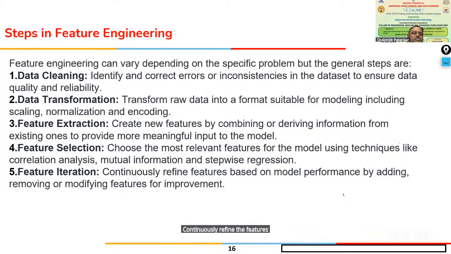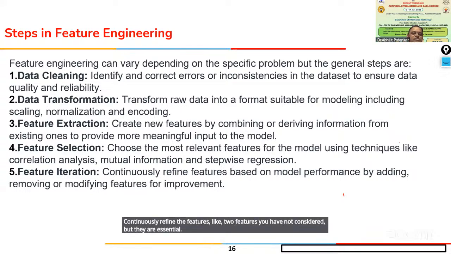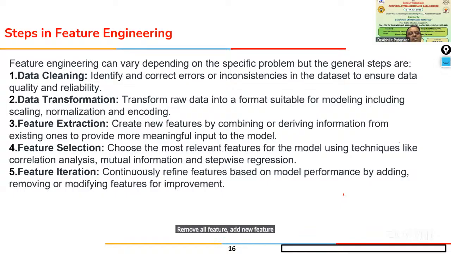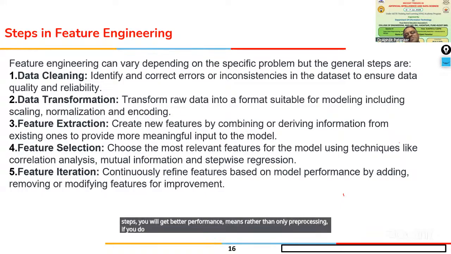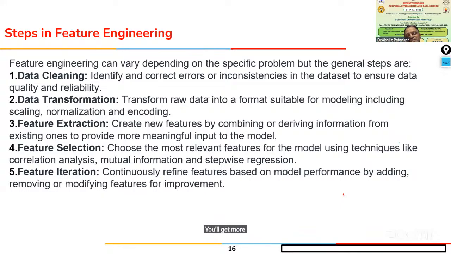So continuously refine the features. Say there are 2 features you have not considered, but they are essential. Remove old features, add new features, again give the data set, and again check the results. That is the iteration you need to apply. After applying all these steps, you will get better performance. Rather than only pre-processing, if you do pre-processing with feature engineering, you will get a better trained model, more accurate results, and the essential features.